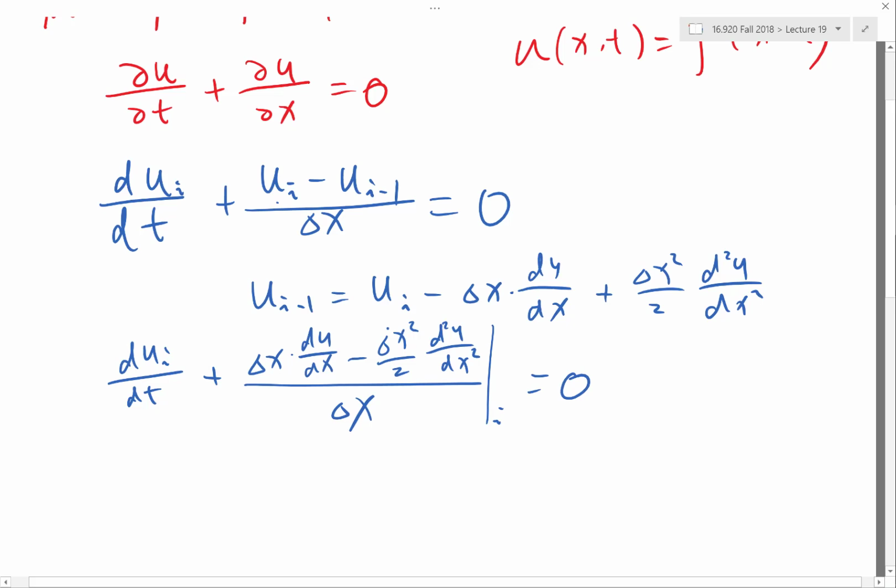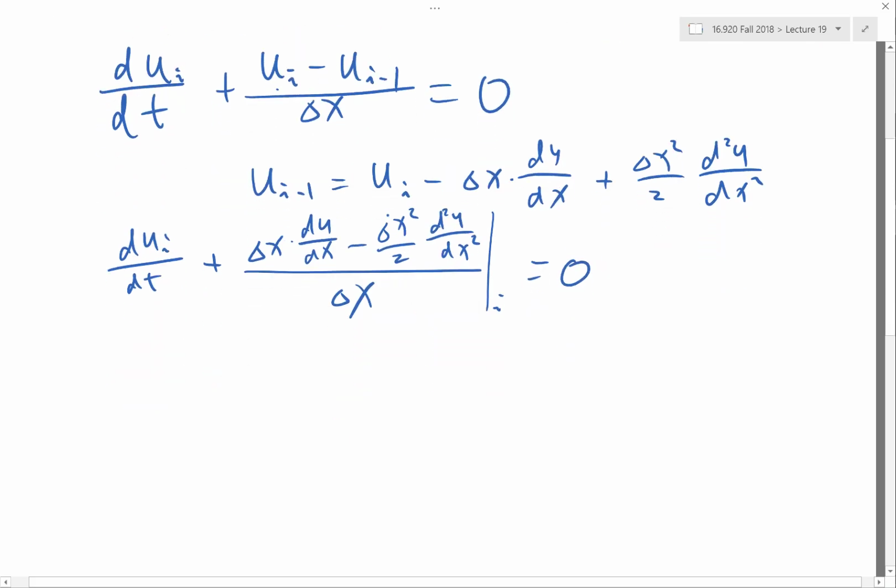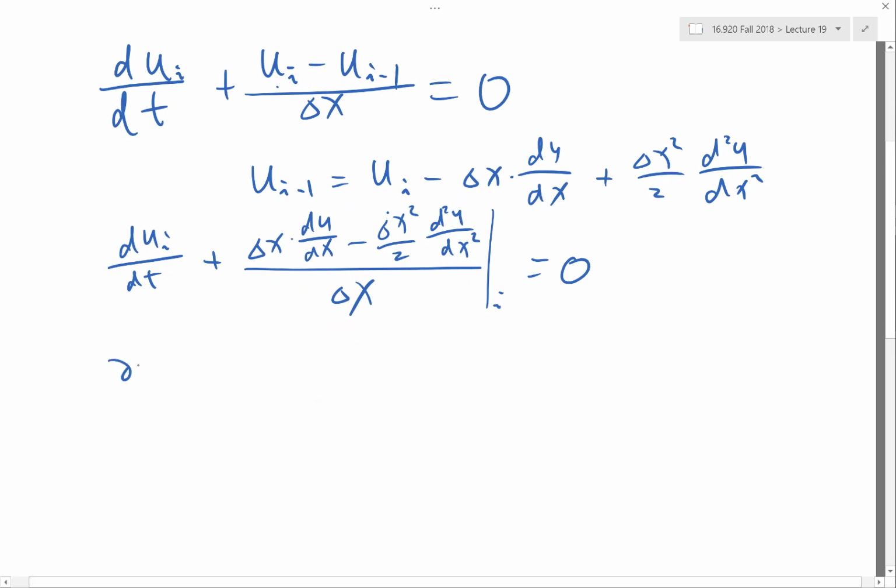And since this applies to everywhere, so let's now just start to write partial derivatives. du dt plus the delta x cancels out. We have du dx. But now we have another term. Let's move this other term to the right-hand side. This other term is delta x over 2 times second order derivative of u.